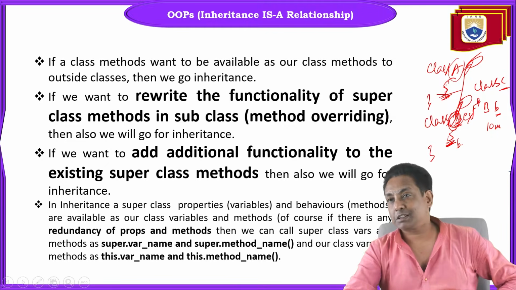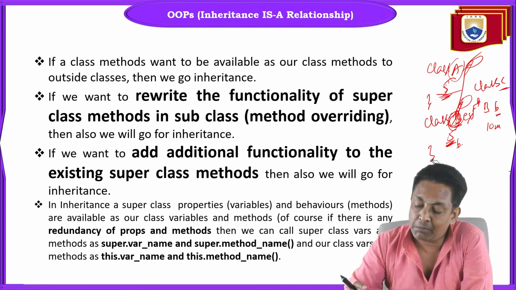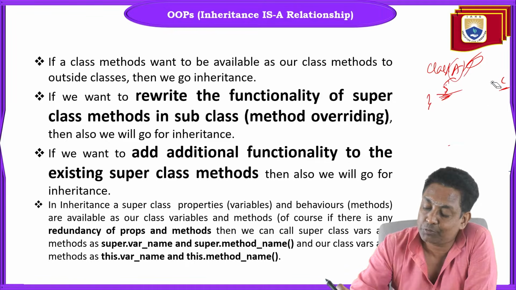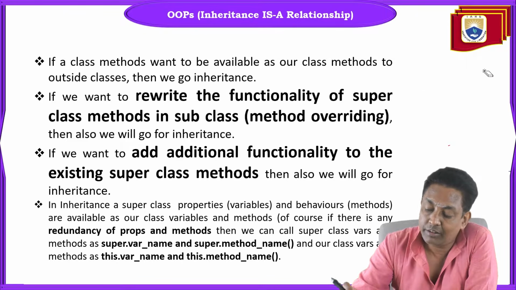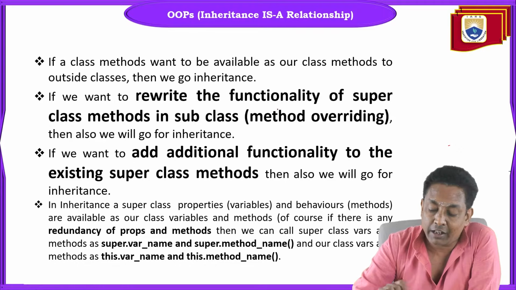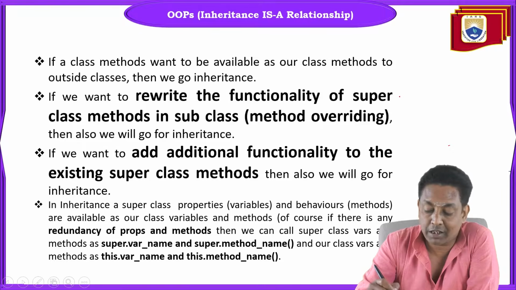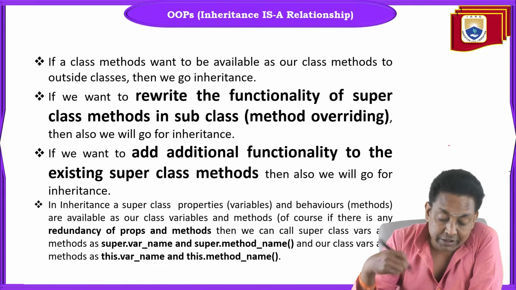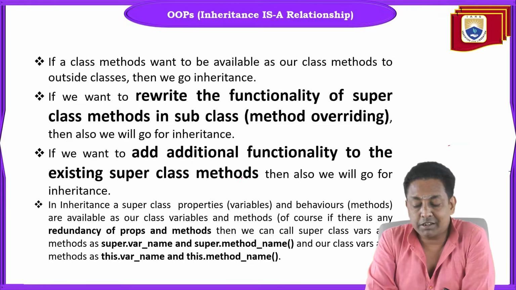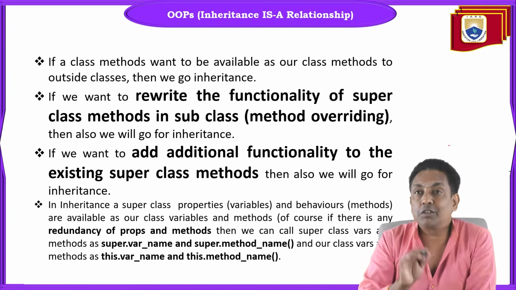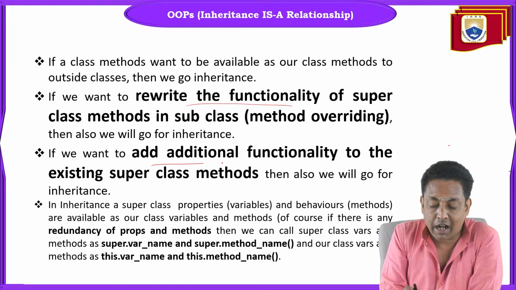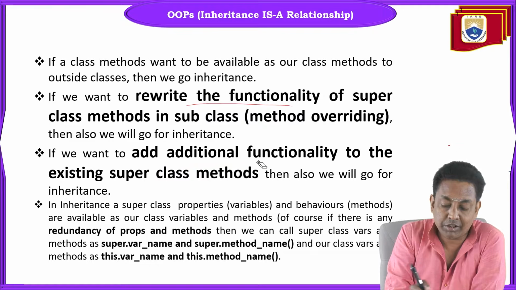Your parent memory address is also contained in your subclass memory, so you can access both of them. So if you want to rewrite the functionality of superclass methods, that is subclass method overriding. Or if you want to add additional functionality to the existing superclass methods, then also we'll go for inheritance. These two: rewrite functionality, add additional functionality. This we already discussed.